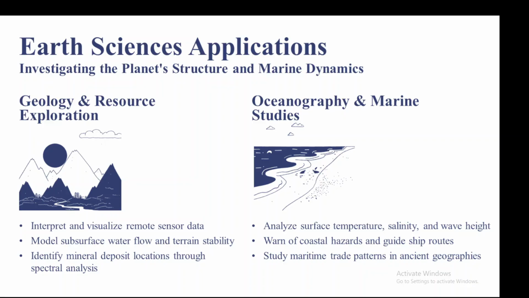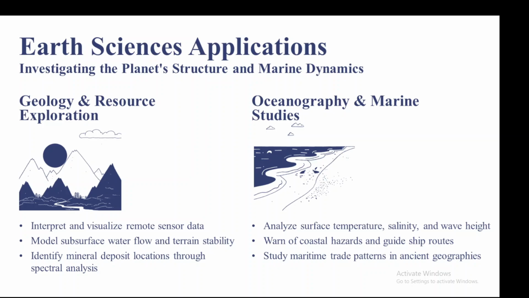The first is geology and resource exploration. Geologists will use GIS to map surface formations and identify mineral deposits. They will also model subsurface water flows. For example, in mining sectors, GIS will help us in optimizing exploration zones while also ensuring environmental compliance.